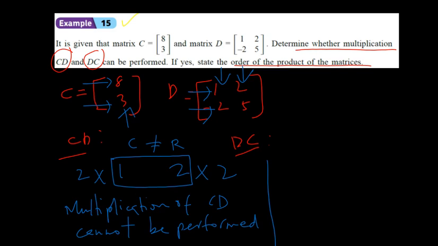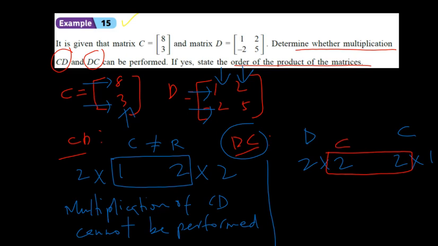Okay, what about DC? The order of matrix D is 2 by 2. The order of matrix C is 2 by 1. So what do you notice here?